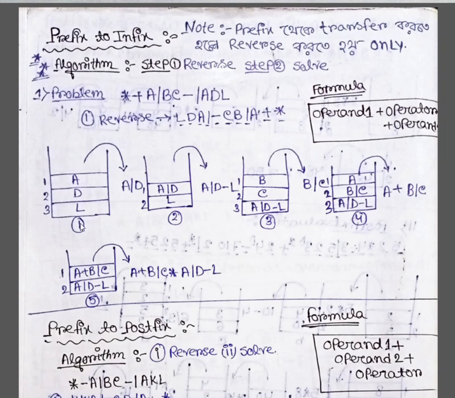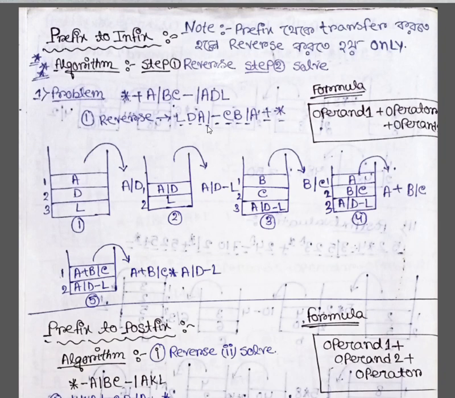This whole thing is completed. Now we again made a stack 2, and here L, we did nothing with this L operand, so it is presented here as before. And our current thing, that is A by D, we pushed it here.